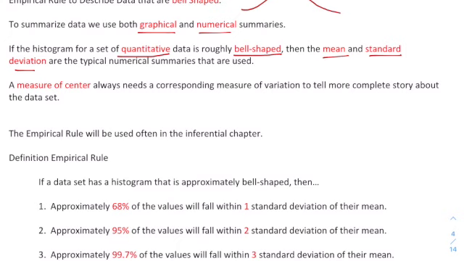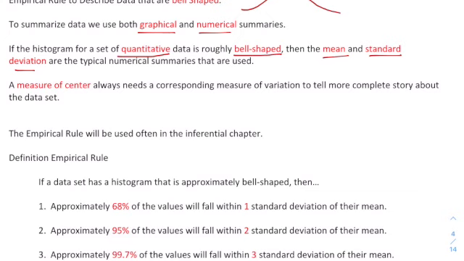A measure of center always needs a corresponding measure of variation to tell a more complete story about the data set. The reason is, remember, we can have 50% where everybody is the same, or where one is too extreme relative to the other, but when they balance off, they are 50%. So one could be 0, one could be 100, and I still get 50. But the two graphs are very different, so look at both before you answer the question.